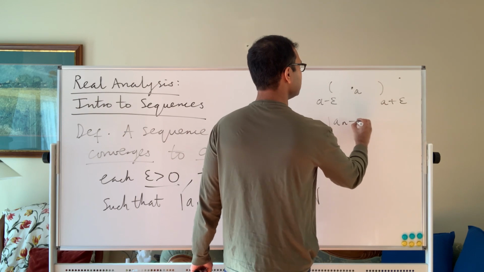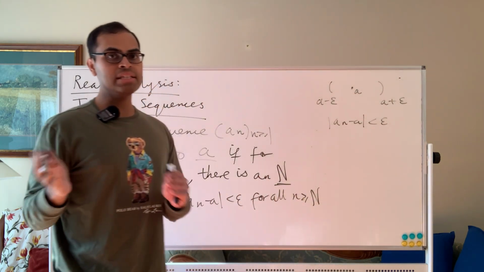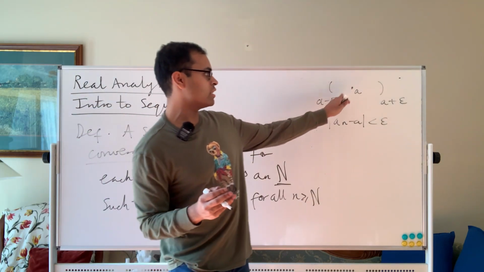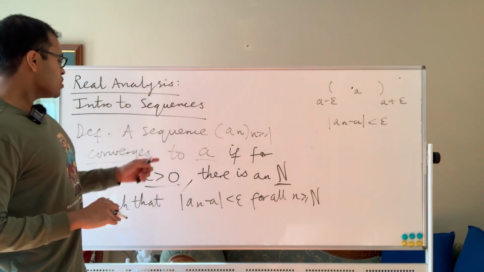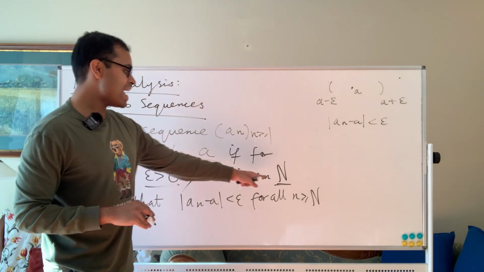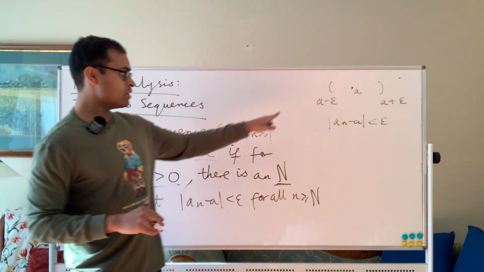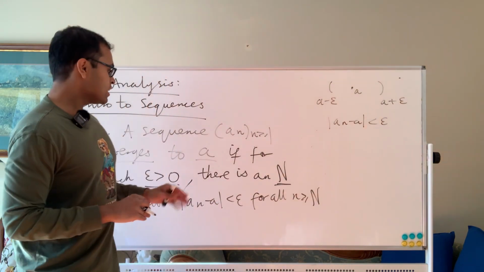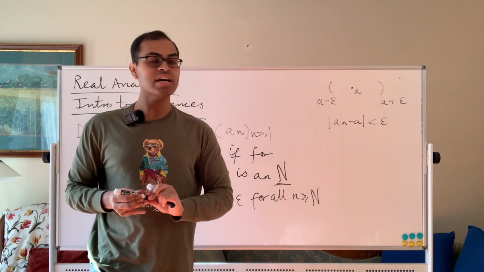It means the absolute value of a_n minus A is less than epsilon. It could be on the left of A, on the right of A, as long as it's within a distance epsilon of A. So as long as for each epsilon there is an N so that beyond that term, all the terms in the sequence are in that interval, then we say that the sequence converges to A. That's the definition of convergence.